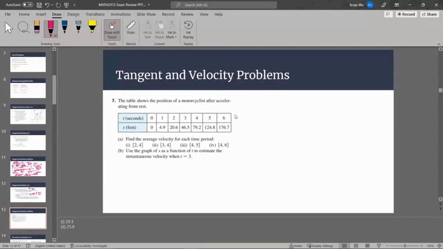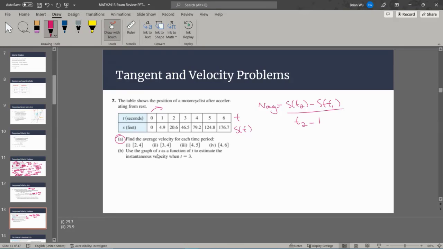But essentially, it's similar, as in you use these points which are given to you. So this would be your t-value and this would be your s function. And then you would use the average velocity equation based on whatever t-values you're supposed to use.